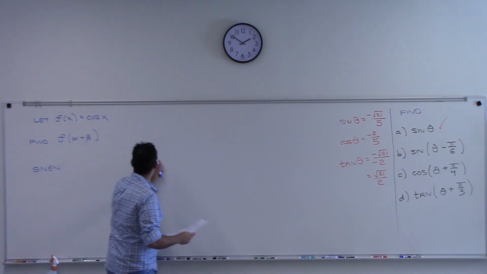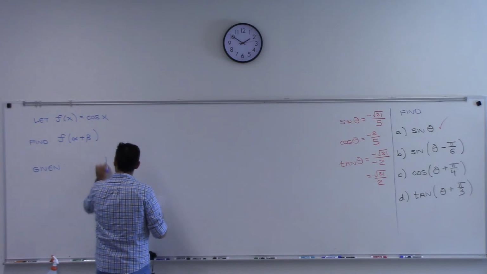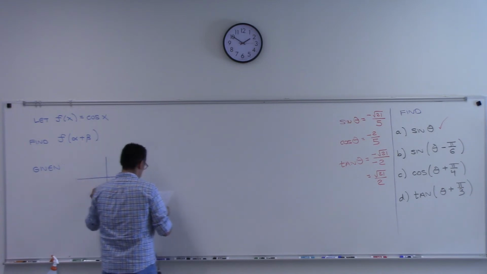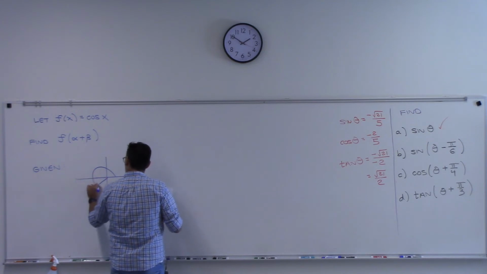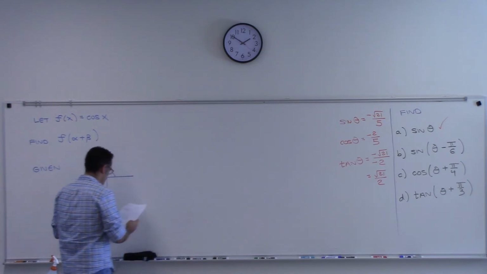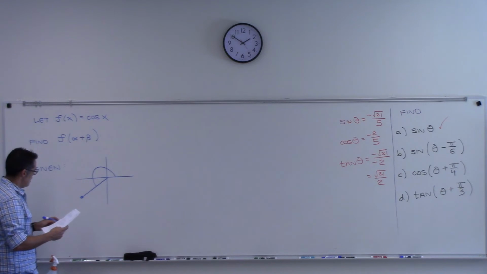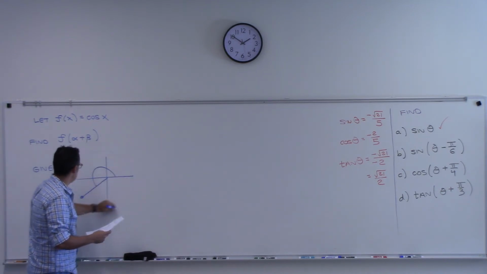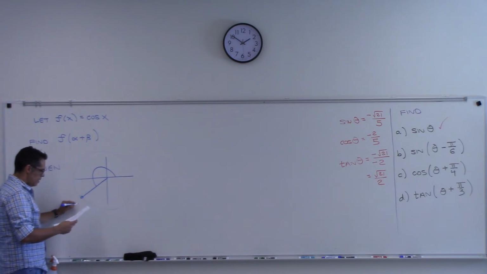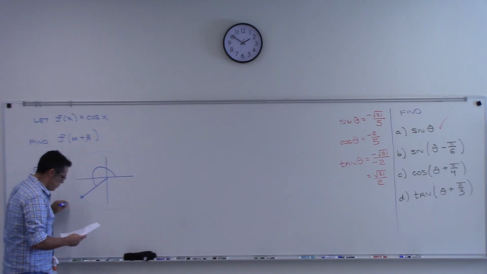And I'm going to give you this information. The information I'm going to give you is two pictures. The first picture is that this point right here lies on a circle, and the point here is the point x, comma, -1.